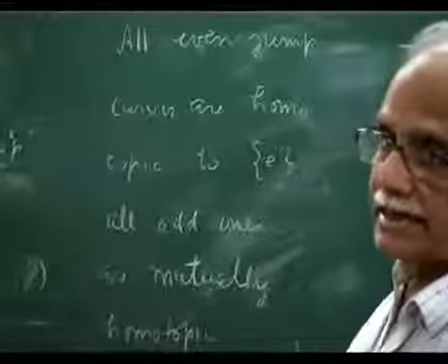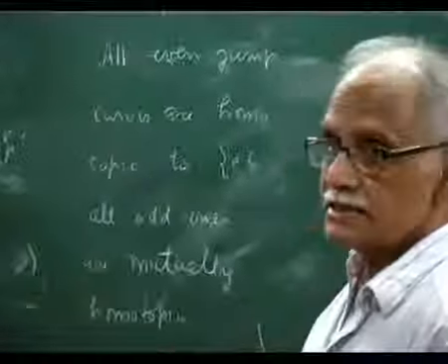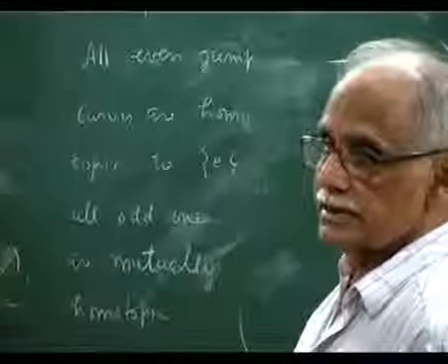But any even one acts like the identity, so the group is just Z2, it's doubly connected.